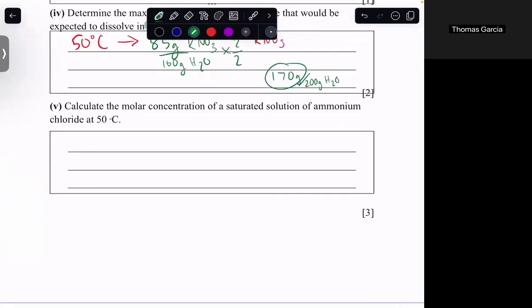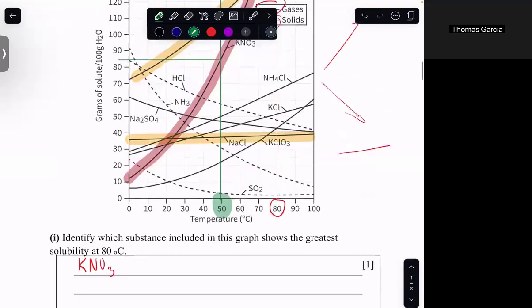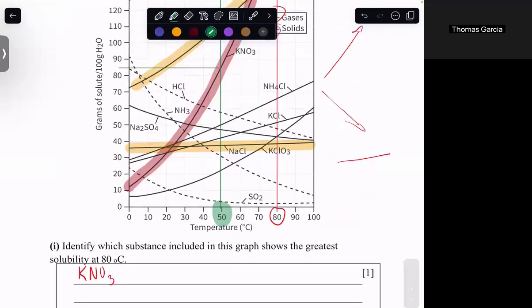Calculate the molar concentration of a saturated solution of ammonium chloride at 50 degrees Celsius. So ammonium chloride, NH4Cl. Let's identify it on our graph right here. We'll use purple and highlight that line just so we can keep it visible. And it said 50 degrees Celsius, so once again, we'll use that 50 degree mark.